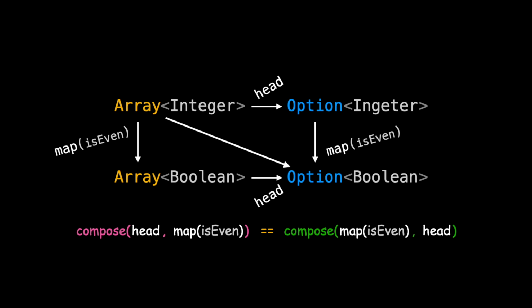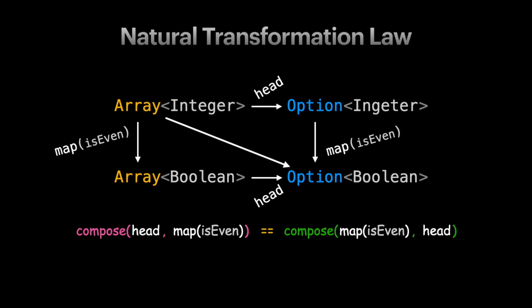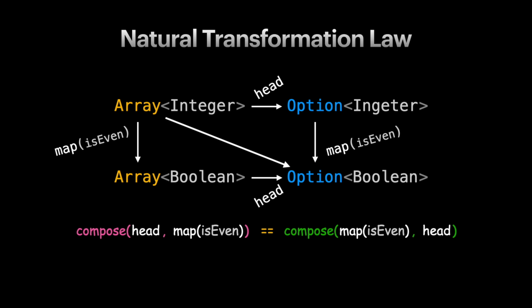This rule guarantees that the head function is not checking what type the containers hold and only reasons about the containers themselves. This is the natural transformation law, or simply naturality.